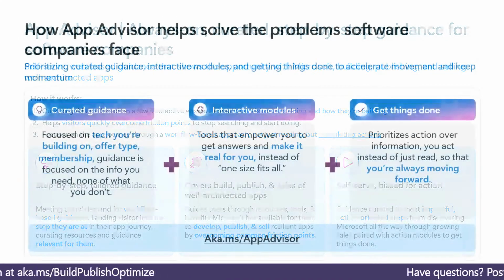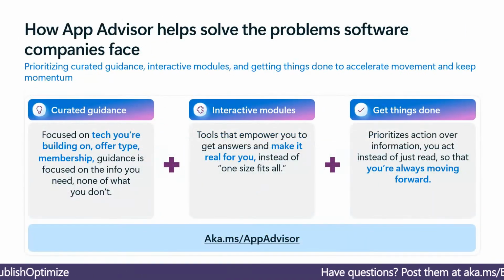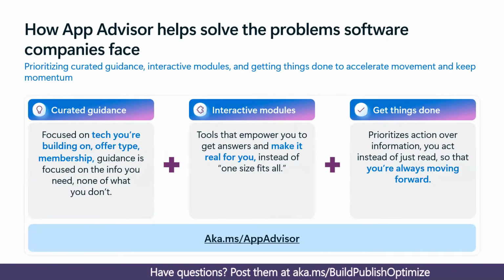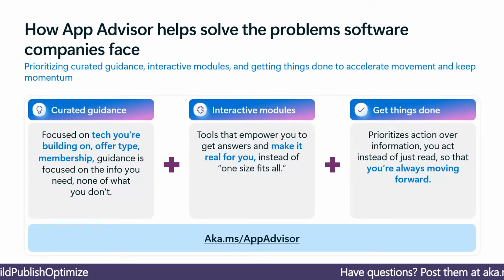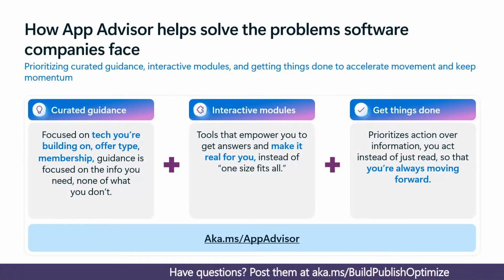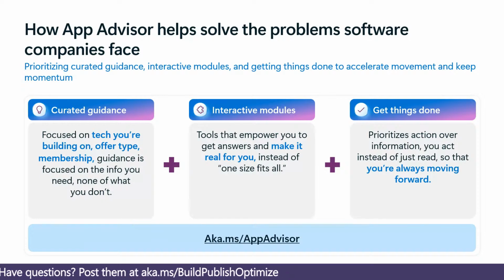And here's how we approach that. In AppAdvisor, we bring together curated guidance with the ability to get things done. We do that through personalized content focused on the tech you're building on, the marketplace offer type you're using, and the benefits available to you. Through interactive modules that allow you to specify inputs real to your business or to make selections specific to your scenario.